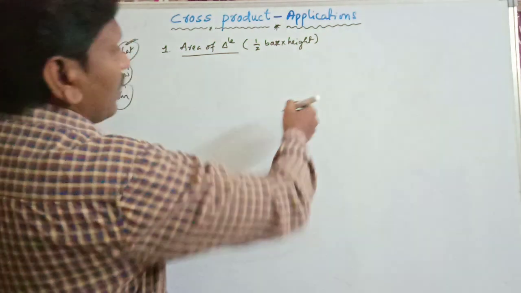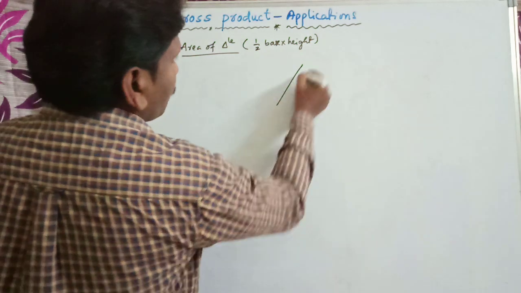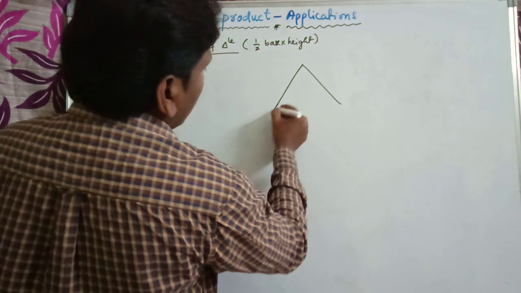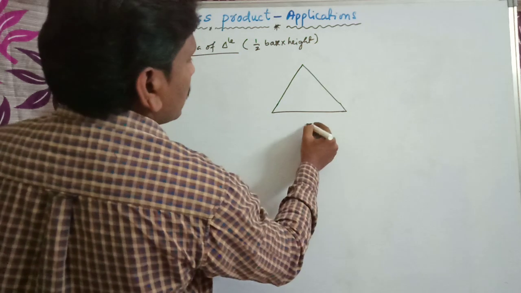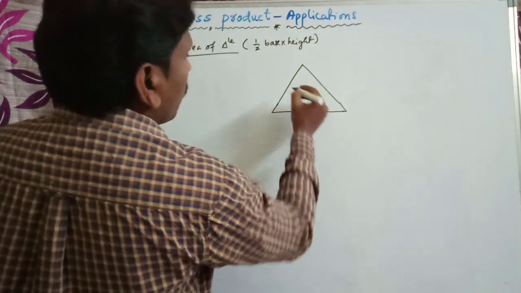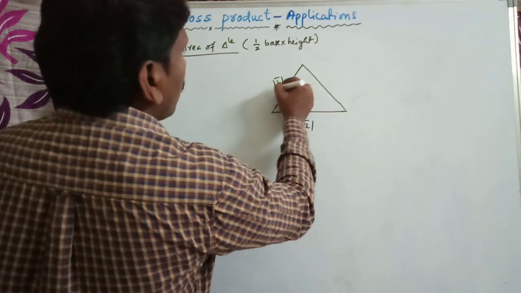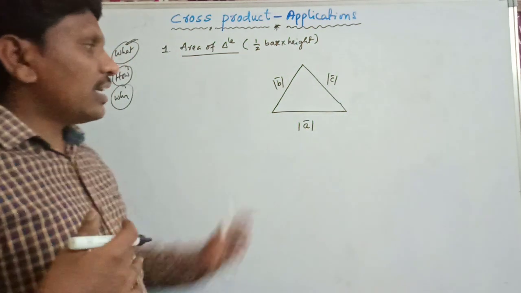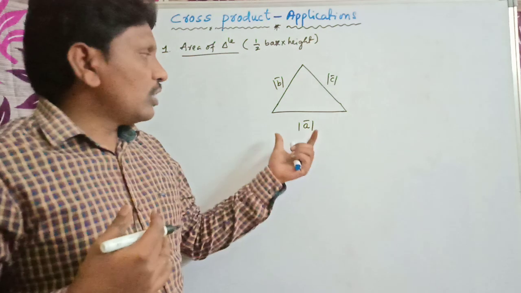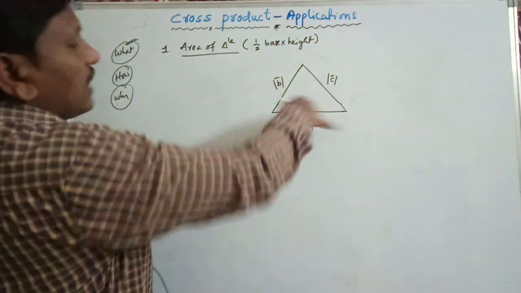In terms of vectors. Let us consider a triangle whose sides are mod A bar, mod B bar and mod C bar. So mod A, mod B, mod C are nothing but A, B, C only. It's only the magnitude or length of the side.